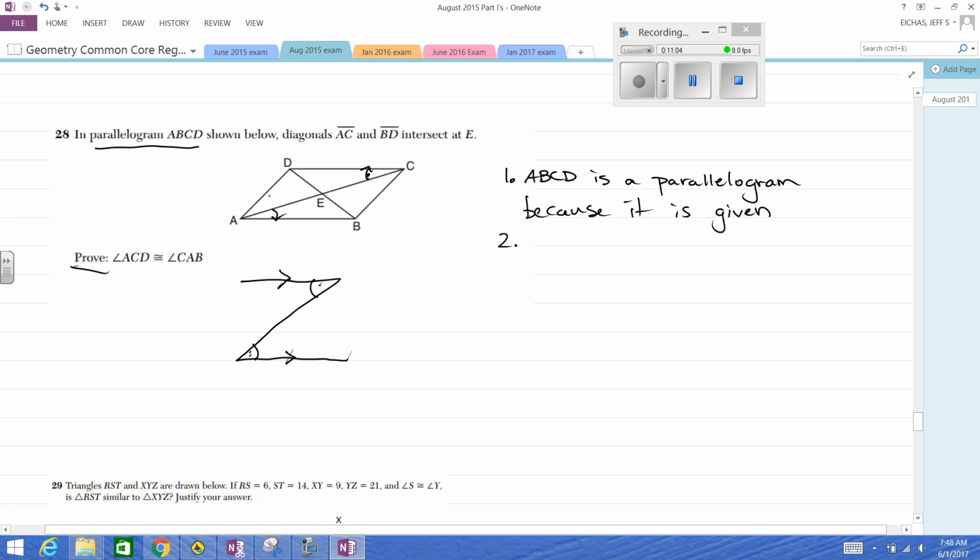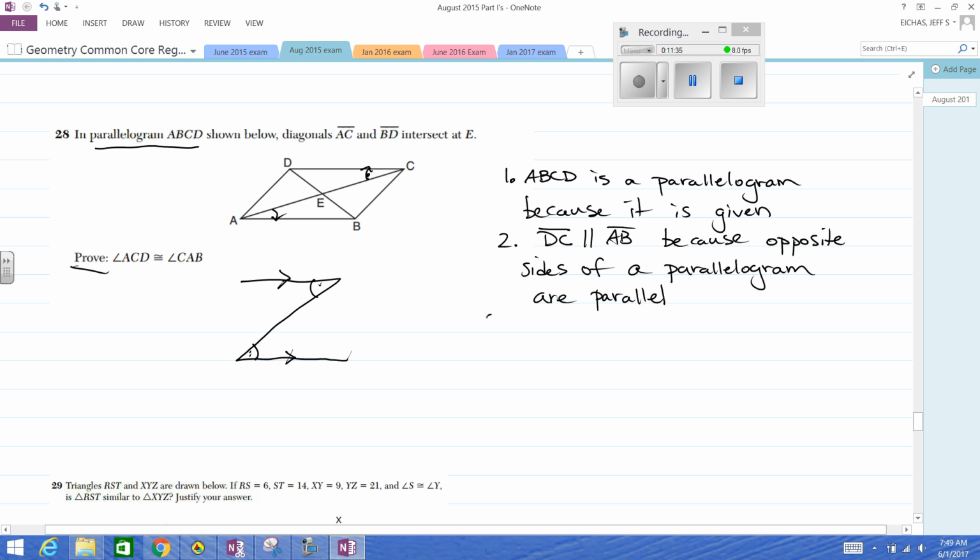To play it safe, you can give both pairs of opposite sides parallel, but to show you really know what you're doing, you should specify these two. So I should say DC is parallel to AB. I'll give a reason. It's because opposite sides of a parallelogram are parallel.